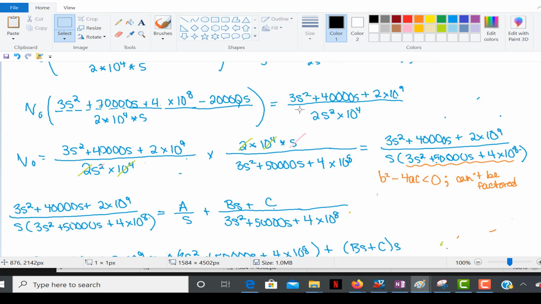So here was the original right-hand side, that's right here. And then the next fraction is the reciprocal of what V naught was being multiplied by. And so you can see that I did some cancellation there. The 2's canceled, the 10 to the 4's canceled, one factor of S canceled, but one stayed. So there is what it simplifies to.